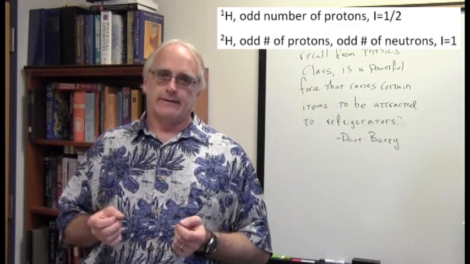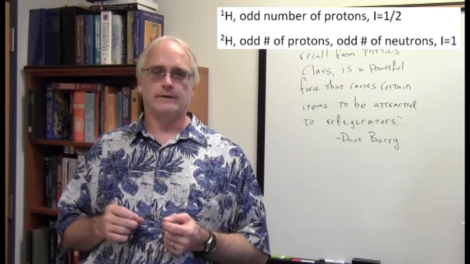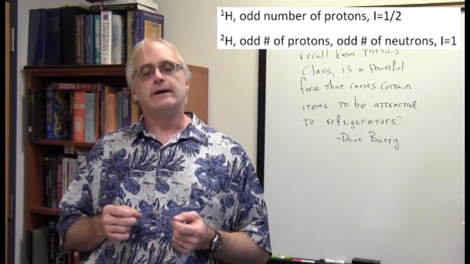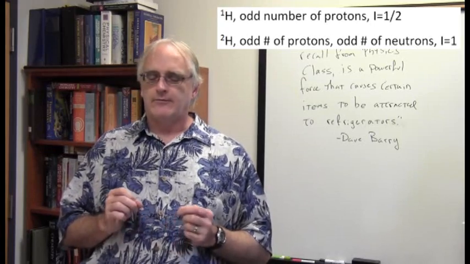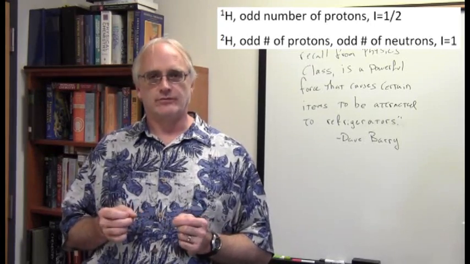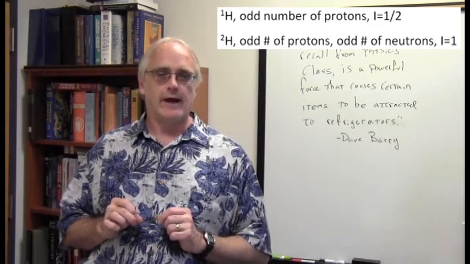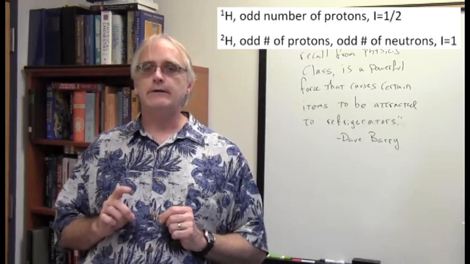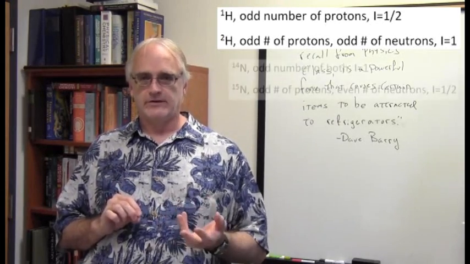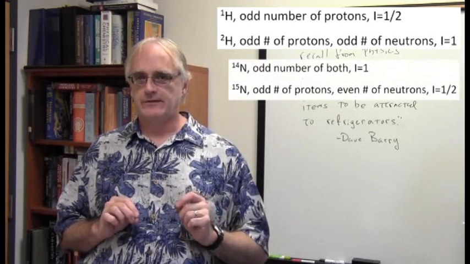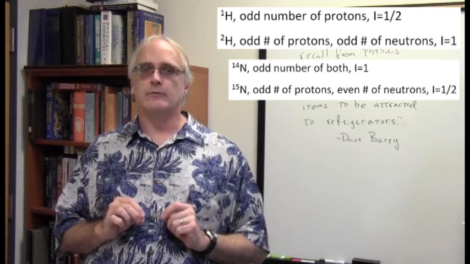There are other nuclei that we study in NMR that are magnetic. Another one that you could think about is nitrogen and its two isotopes, nitrogen-14 and nitrogen-15. At first glance, you might think nitrogen-14, with that nice, happy, even number up there, is going to be a non-magnetic nucleus. But remember, nitrogen is element 7 of the periodic table, meaning that mass number of 14 is built from 7 protons and therefore 7 neutrons, an odd number of both.